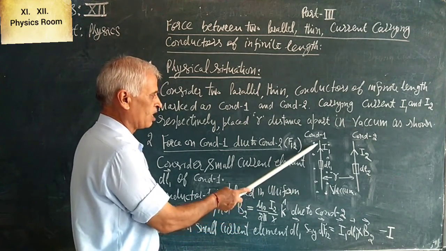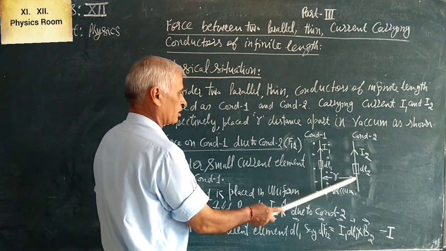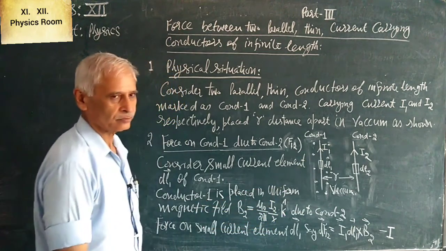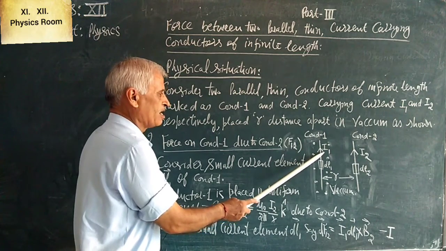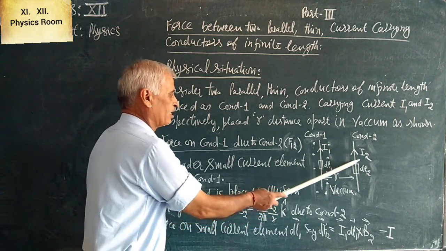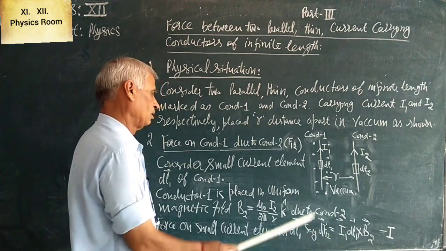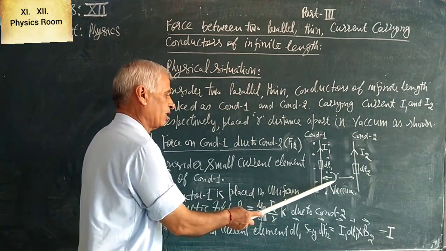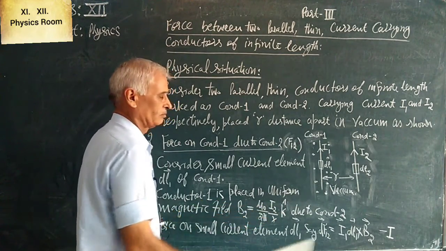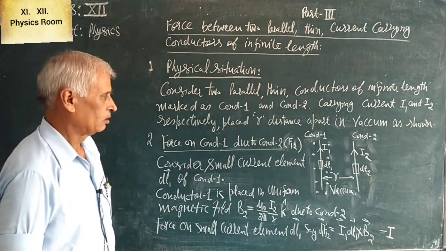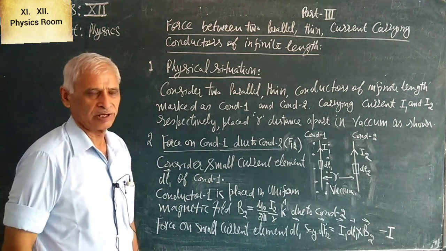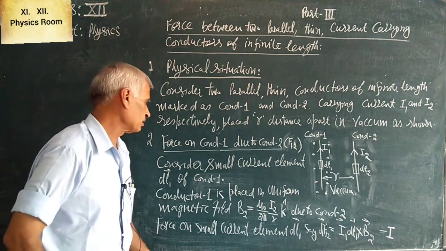This is conductor 1, this is conductor 2. Conductor 1 is carrying current I1 and conductor 2 is carrying current I2. Both are placed r distance apart in vacuum. Now this is the situation where we are to work.